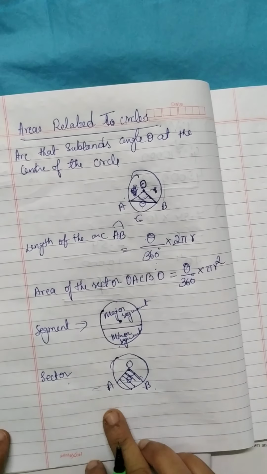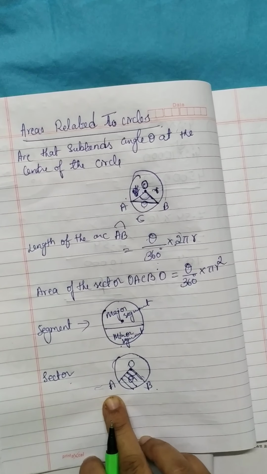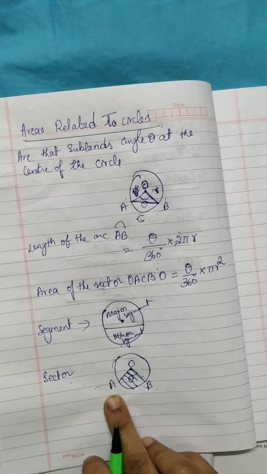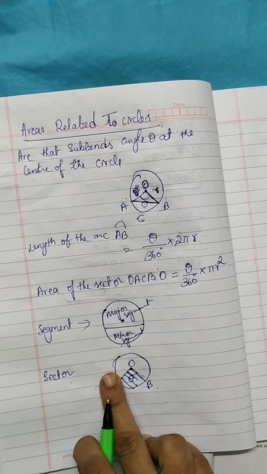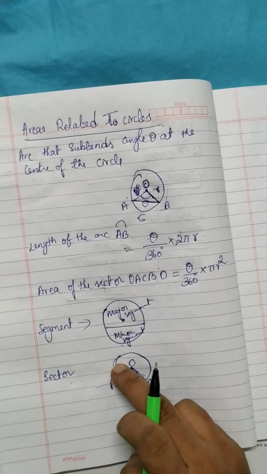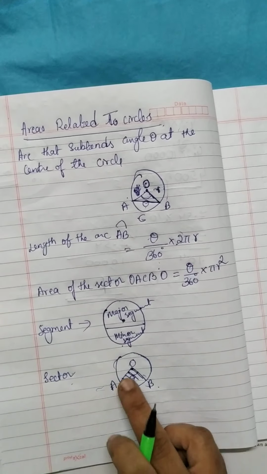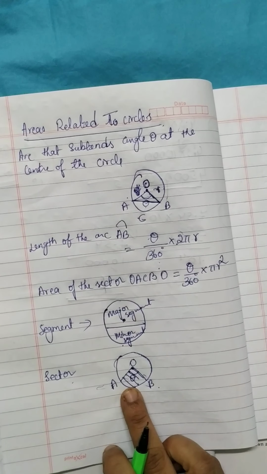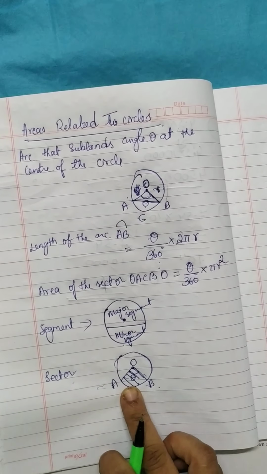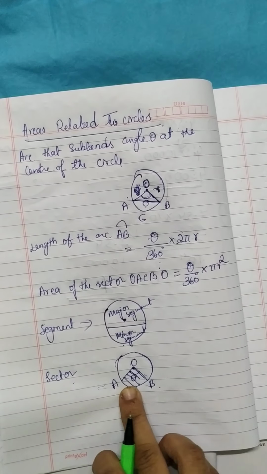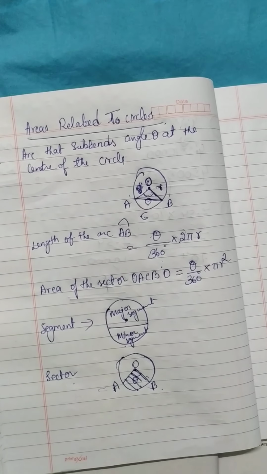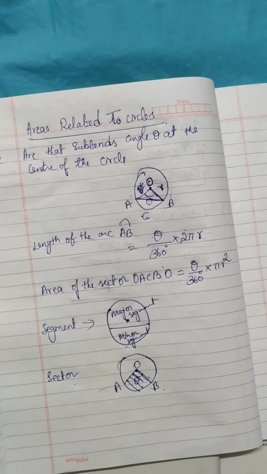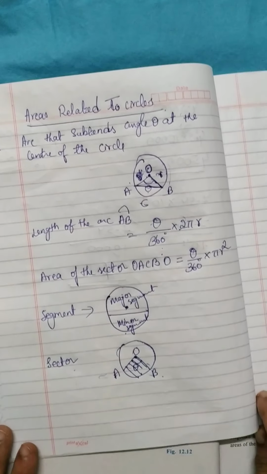Here also we have minor sector and major sector. The upper part is called major sector, this part is called minor sector. So this is what you have to keep in mind mainly. Is it clear?